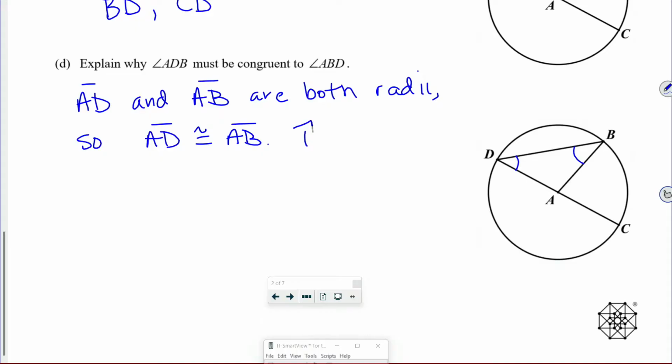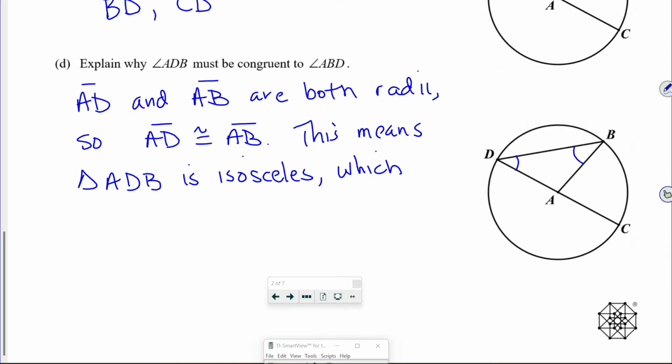This means, of course, that we've got an isosceles triangle. This means triangle ADB is isosceles, which means its base angles are congruent.